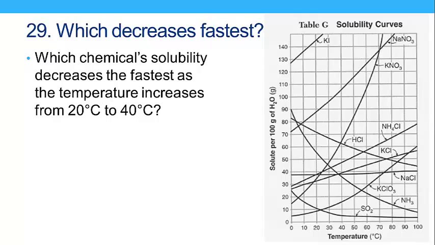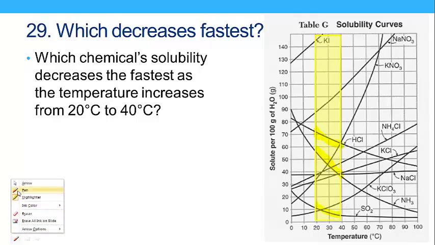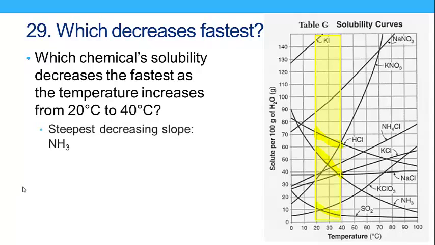Which chemical's solubility decreases the fastest as the temperature goes from 20 to 40 degrees Celsius? First of all, we're looking for ones with a decreasing slope. If we look on the chart, there's only a couple that meet that condition. We've got the HCl, the NH3, and the SO2. These have something in common: they're all gases.